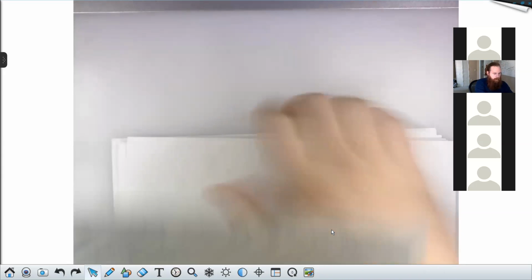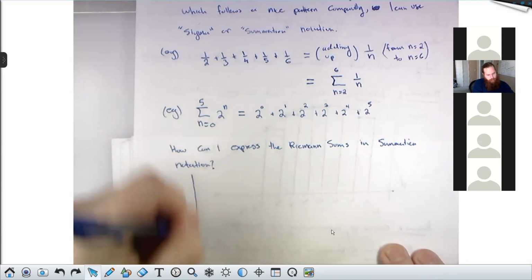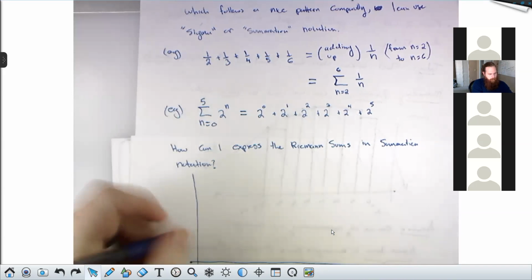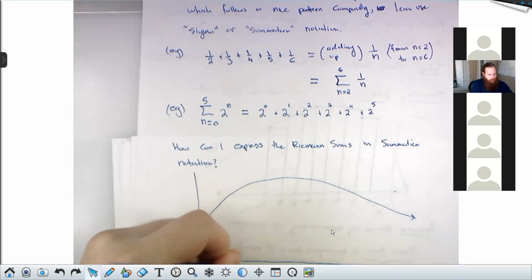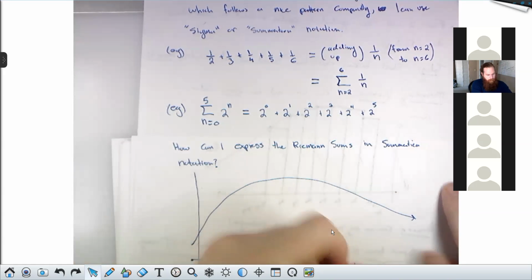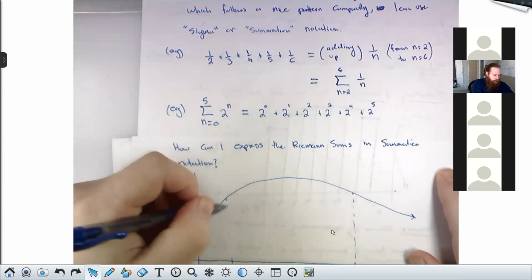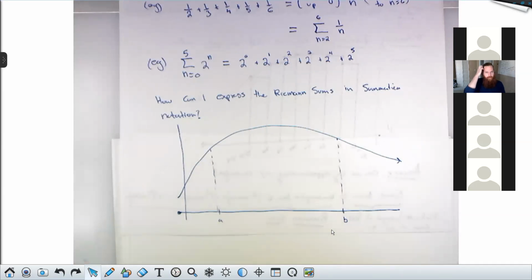So I'm going to redraw that picture I had there, only with the assumption that rather than using 7 rectangles, I'm going to have n rectangles.